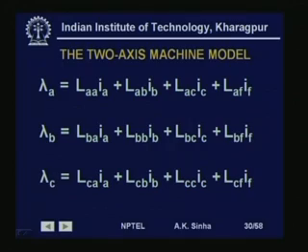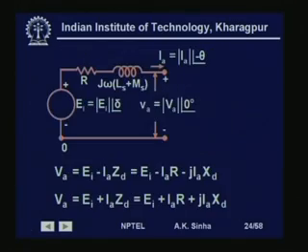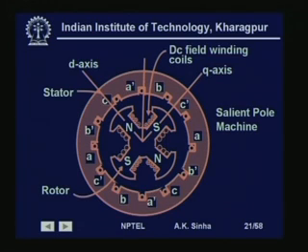But in case of salient pole machines, if you see here, the air gap in the pole region and between the interpole region is very much different, and therefore, the reluctance of the paths are different, and therefore, the inductances are going to be very different.